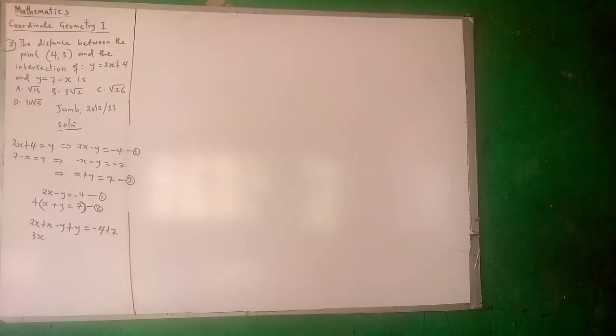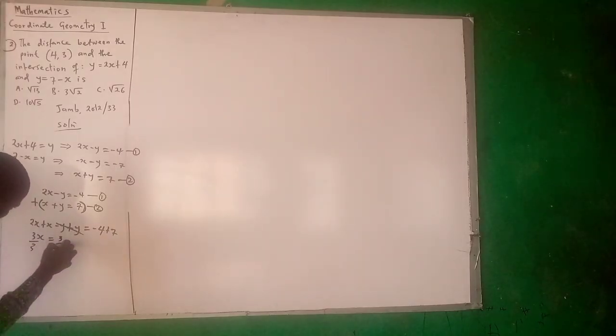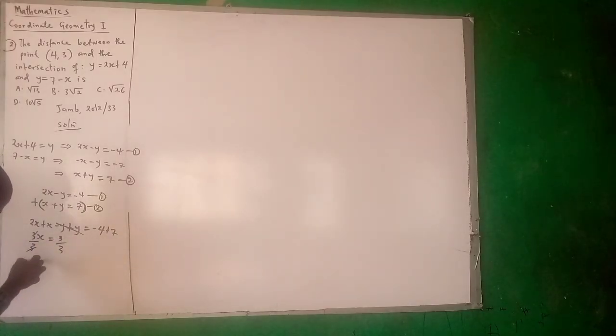Minus y plus y we cancel out, right? Remaining minus 4 plus 7 is 3, right? Now I divide by 3. So my x becomes 1, right?